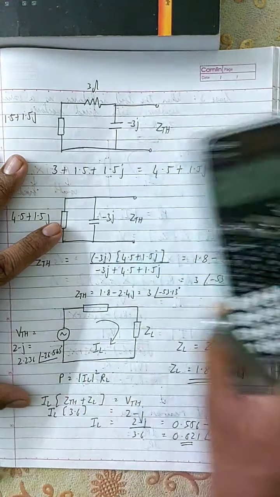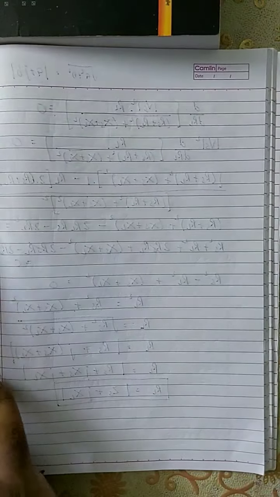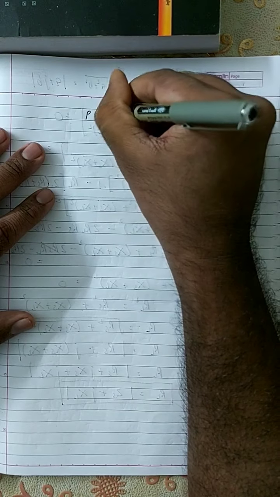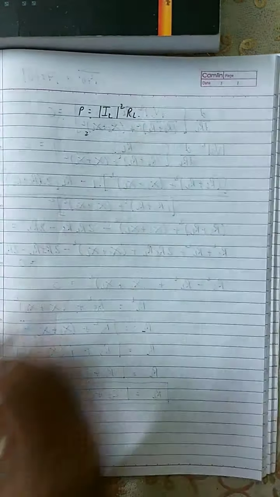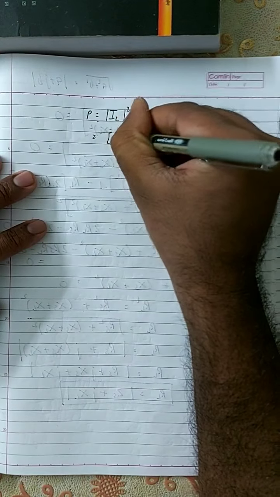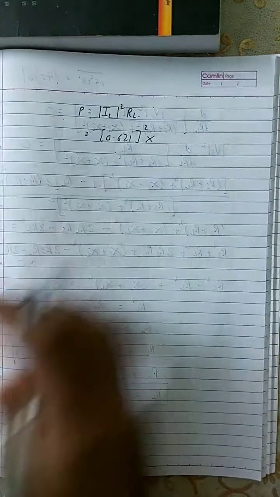So therefore the value of power is given by P is equal to magnitude of IL the whole square into RL. The magnitude of IL is 0.621, so it is 0.621 the whole square into RL.